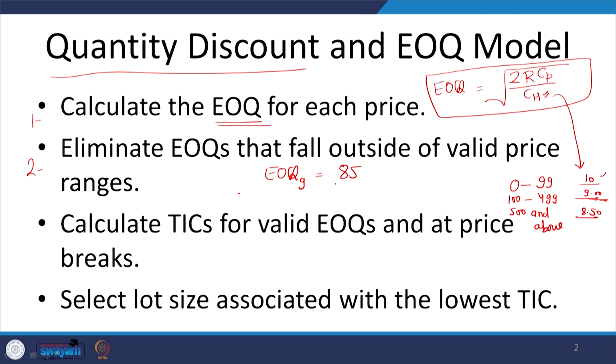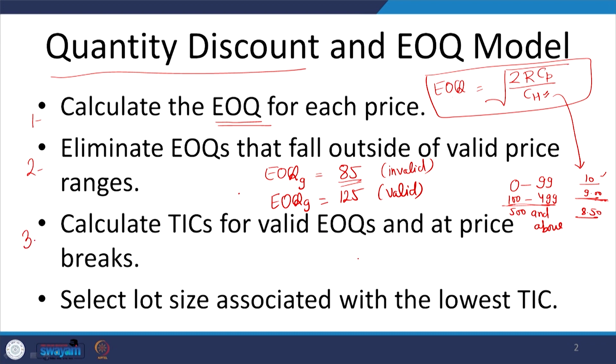So, this is an EOQ which is outside the valid price range. The valid price range for 9 rupees is 100 to 499. So, 85 does not fall in this range of 100 to 499, so this becomes invalid. If for this calculation of EOQ 9, my quantity comes to 125, then it is a valid EOQ. So, all those EOQs which fall outside of the valid price range, I will eliminate.